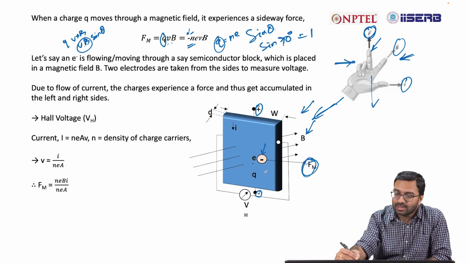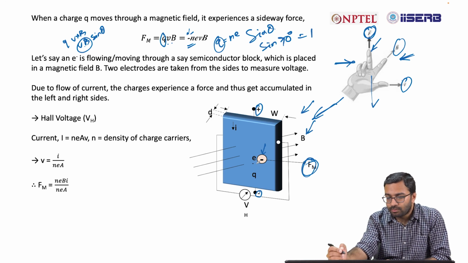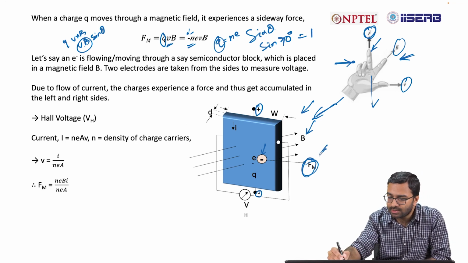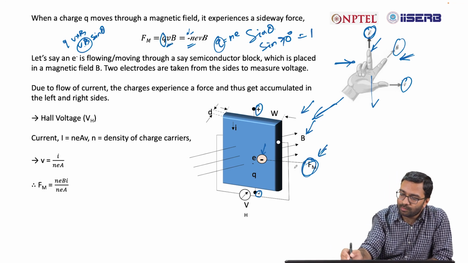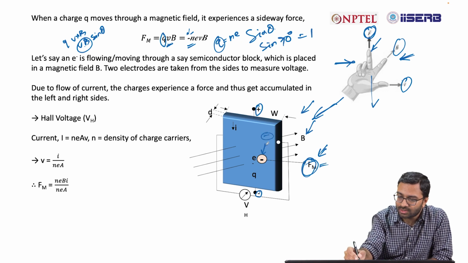but because there is an electric field associated with it, you will find a velocity, and this velocity is responsible for this magnetic force. Now, because all negative charges are experiencing a force in this direction, all negative charges will start accumulating in this direction.